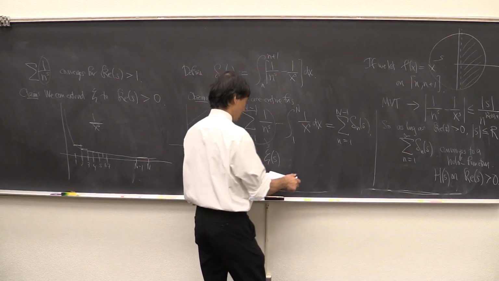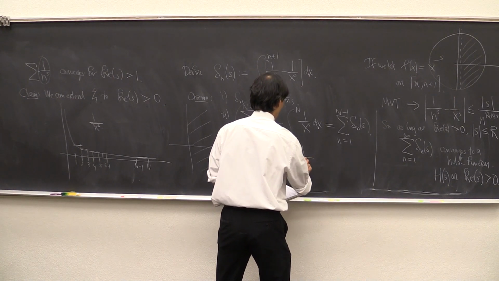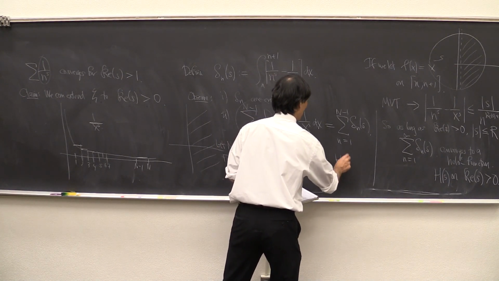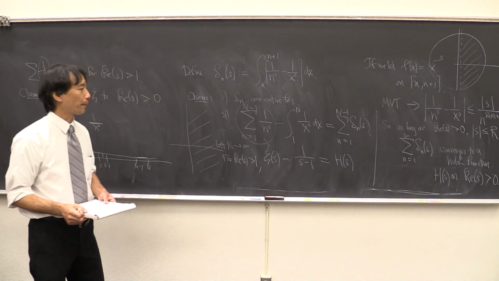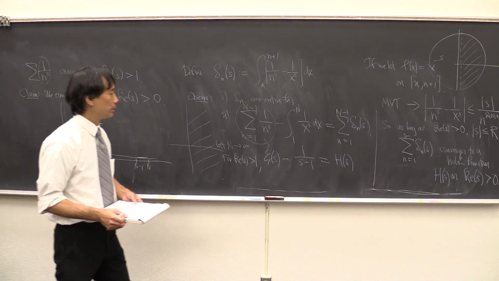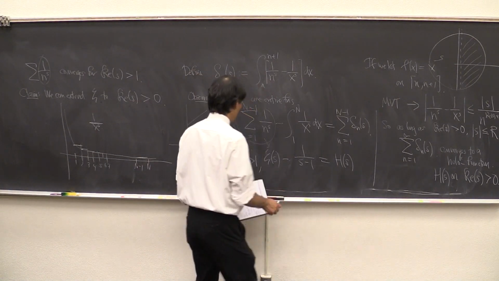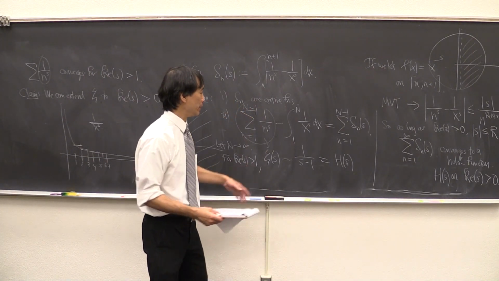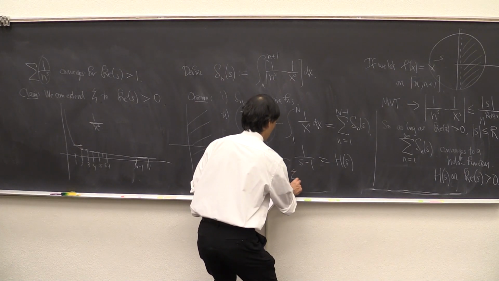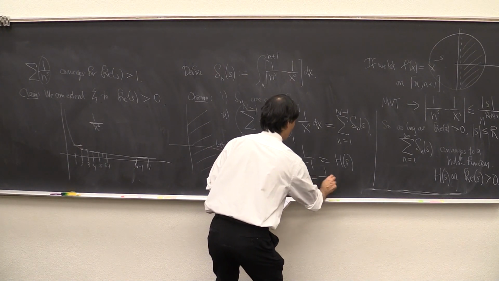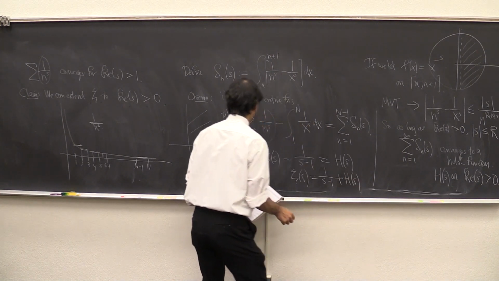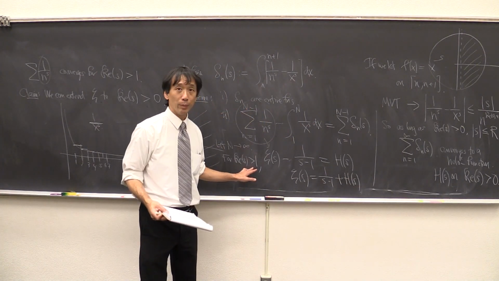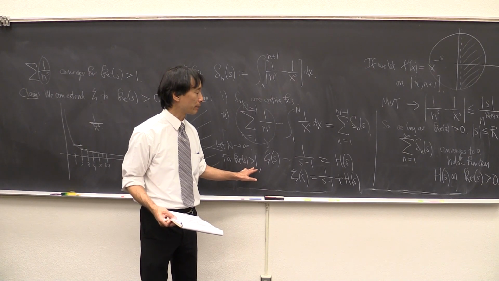This thing is going to turn into 1 over s minus 1, and the thing on the right turns into h. So we have zeta of s equals 1 over s minus 1 plus h, as long as the real part is bigger than 1.